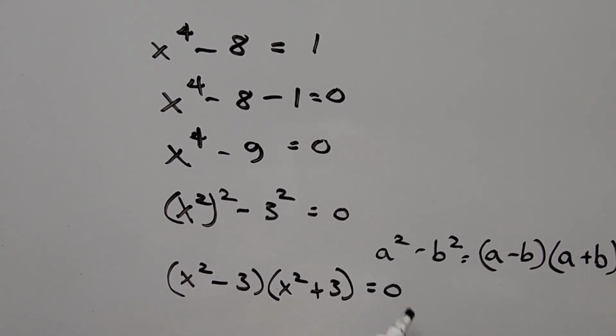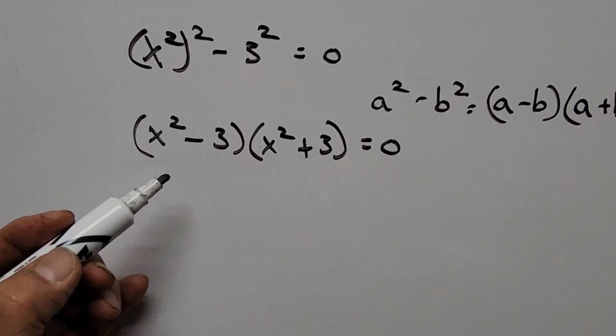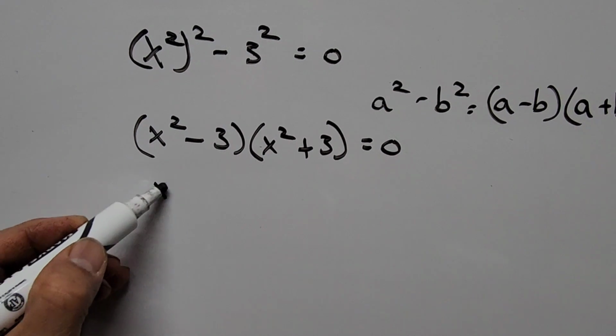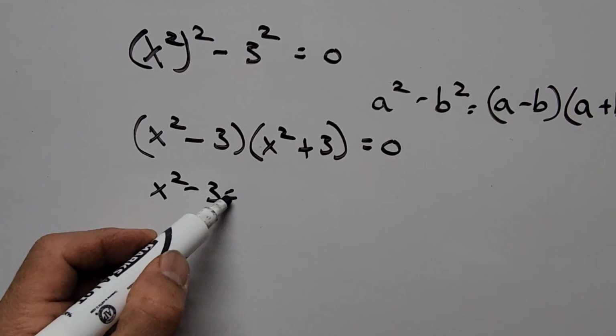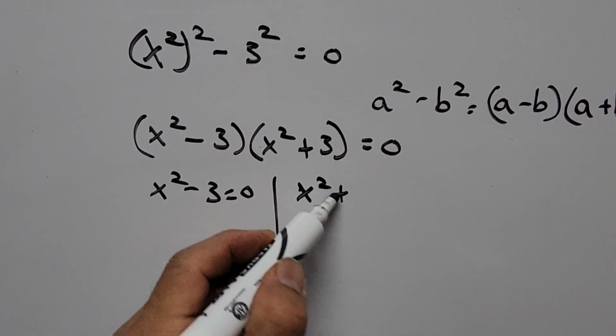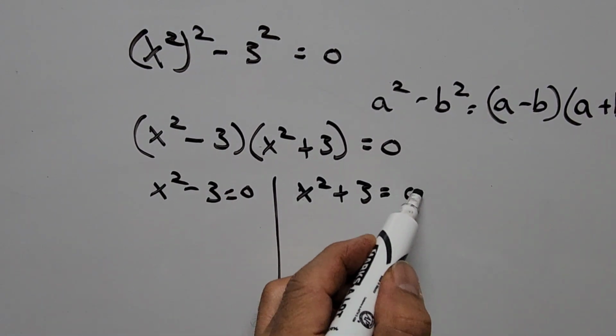This is now equal to 0. So now we can equate both factors to 0. Left hand side, x squared minus 3 equals 0. The other side, x squared plus 3 equals 0.